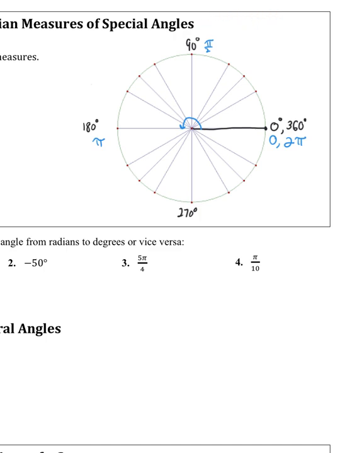So the way I like to solve these types of problems is to think about it in fractions. Like, what fraction of the circle am I talking about here? When I talk about 1/4 of the circle, I'm talking about going to pi over 2 radians, or 90 degrees.